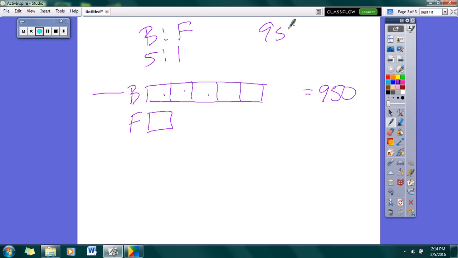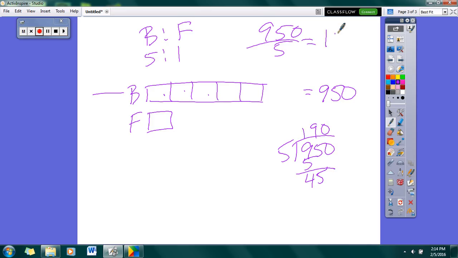So I take my 950, divide it into 5, and I get 190 per box. So in every box, I'm going to write 190. And this tells me that I have 190 football cards also, because I'm going to take that 190 and multiply it by 1. This is the first part of looking at real-world problems with ratios.